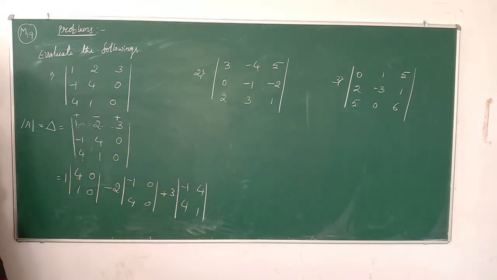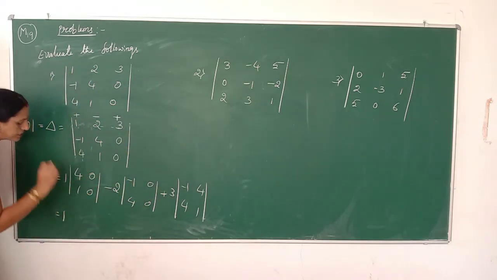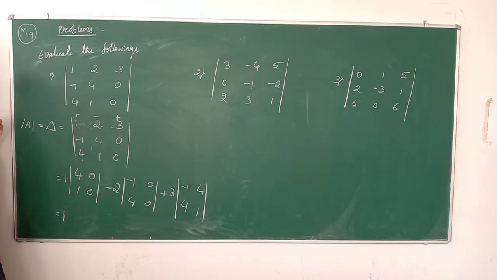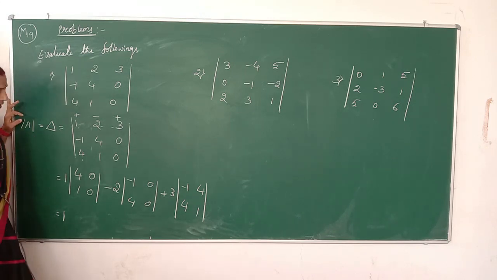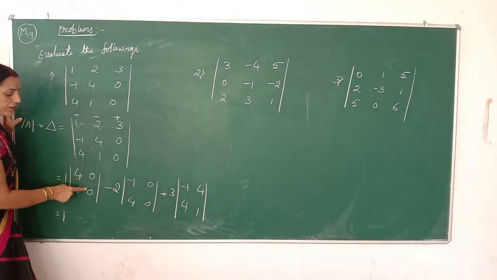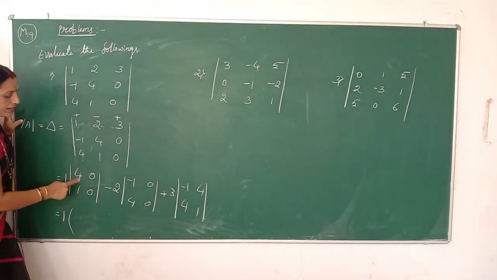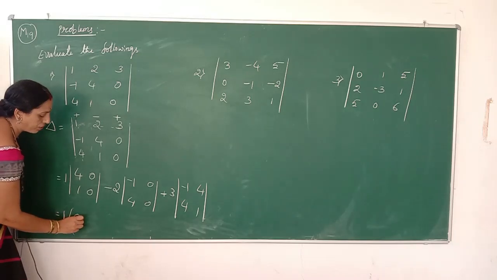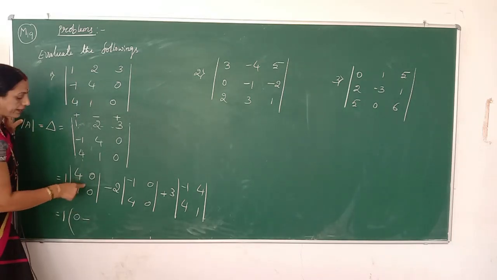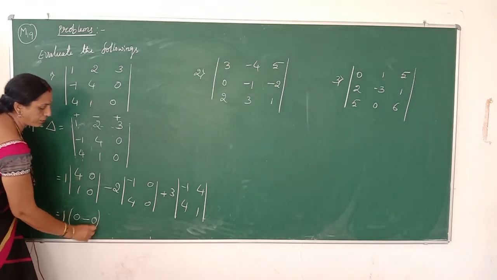After that, we simplify the 2 cross 2 determinants. A 2 cross 2 determinant is the product of the left diagonal minus the product of the right diagonal. So the left diagonal is 4 into 0, which is 0, minus the right diagonal 1 into 0, which is 0.